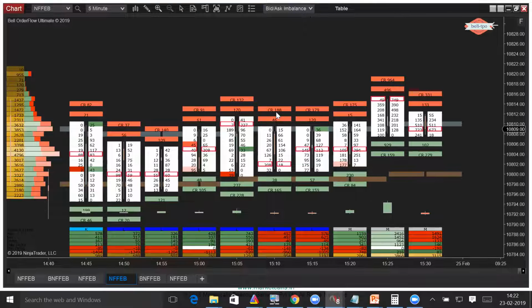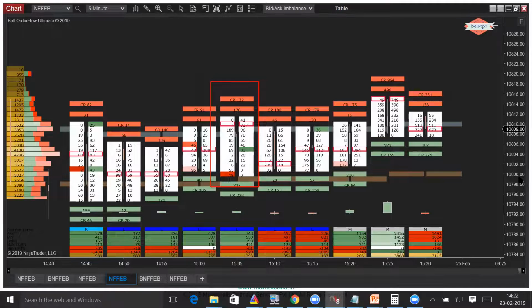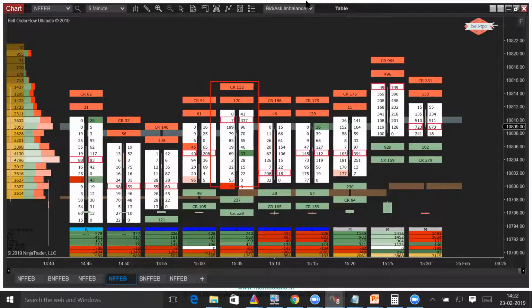Let's take only a particular block of charts to explain. Let's take this particular example, and let's look a little closer. Now the 7 and the 337.